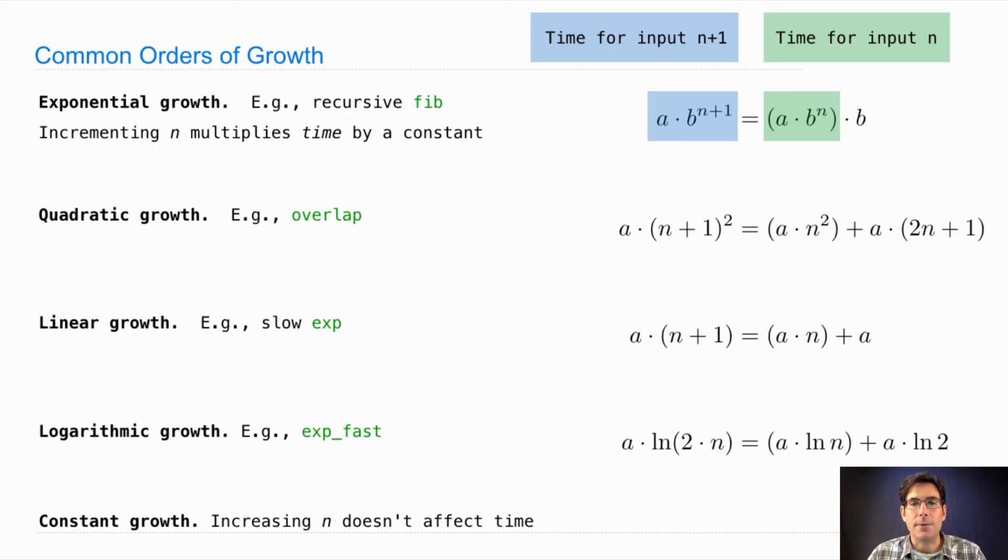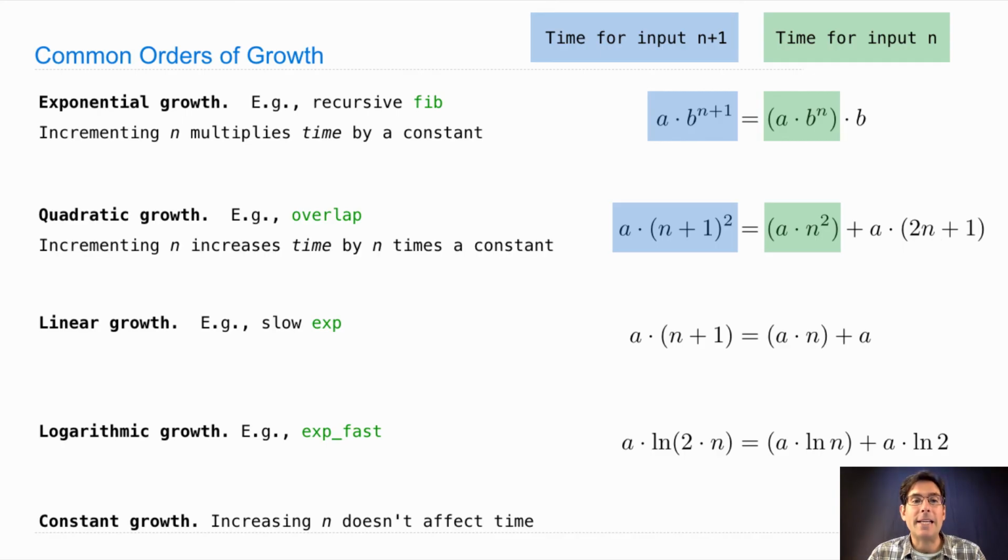Quadratic growth is not quite so slow. Quadratic growth says that for an input of size n plus 1, it takes something like a times n plus 1 squared in order to compute the result, which, in addition to the time it takes to compute the result for size n, also requires an additional additive term. Now, adding to the time is better than multiplying the time, but still, the problem with quadratic growth is that the amount you add for just going from n to n plus 1 is a term that depends on n.